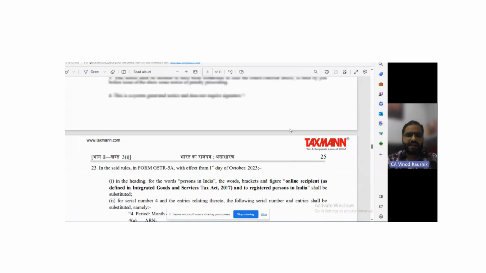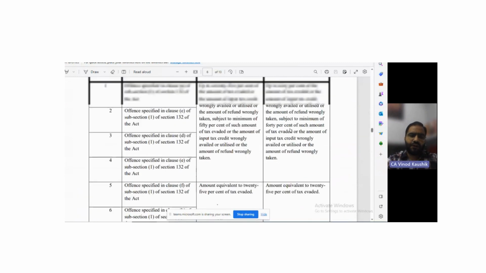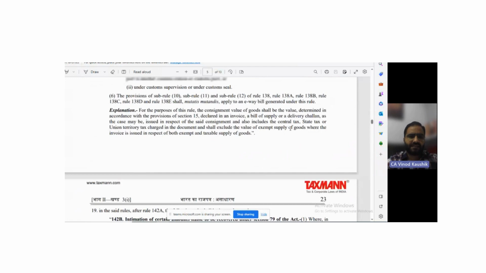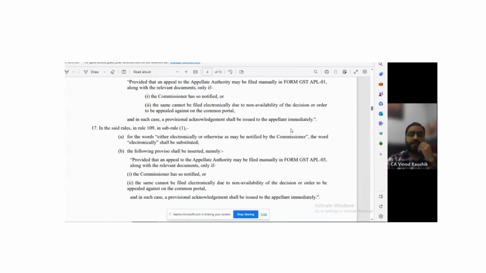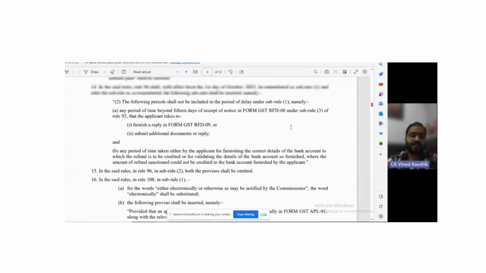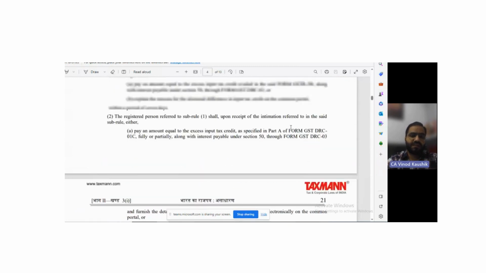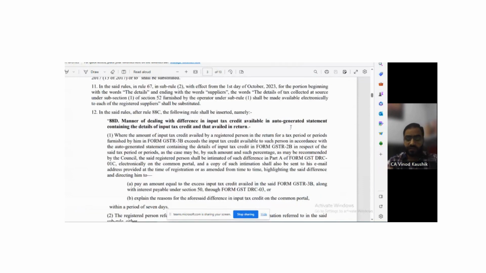So Rule 88D is basically a new rule which is inserted after Rule 88C. And as you all understand, GST input tax credit nowadays is strictly regulated by government through Section 16(2). Section 16(2)(aa) was enforced with effect from 1st of January 2022.